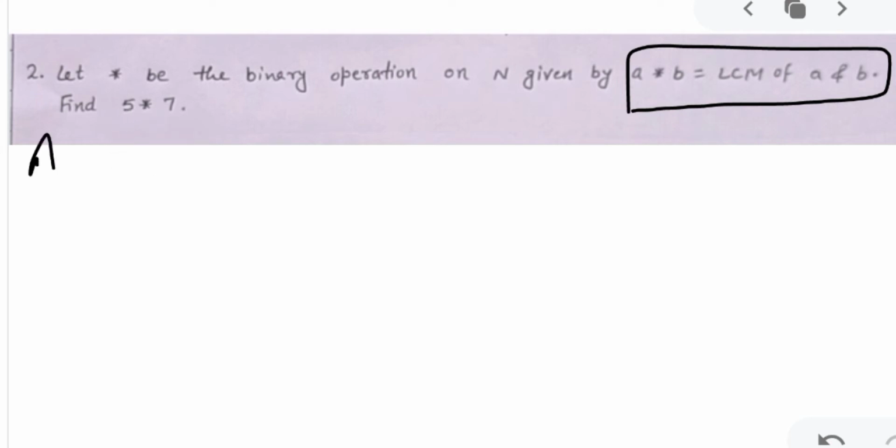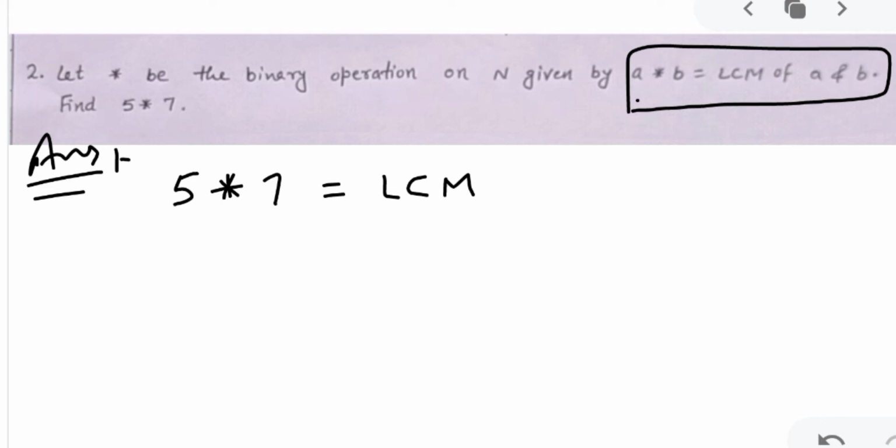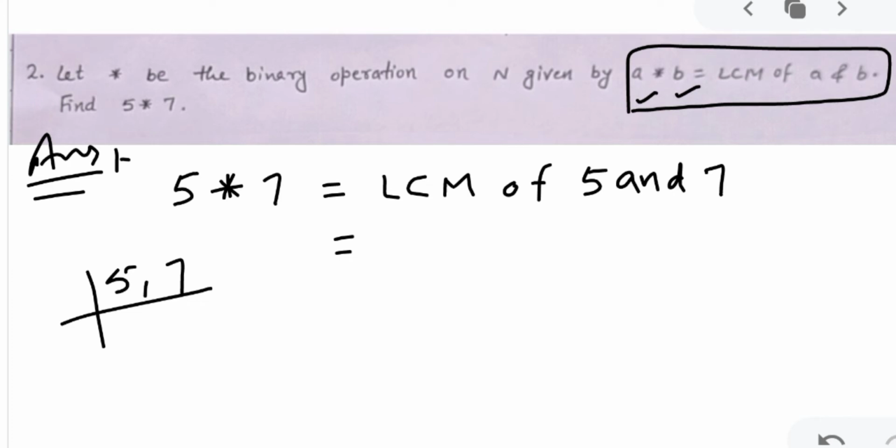In the same way as we did in the previous question, we have to find 5 star 7. Since star means LCM, in place of A it is 5, in place of B it is 7. So LCM of 5 and 7. You know how to find the LCM.